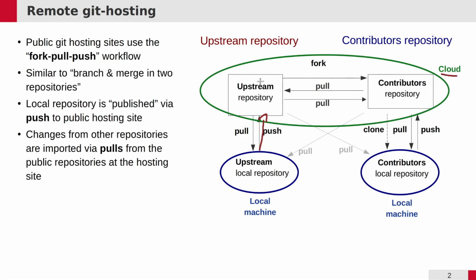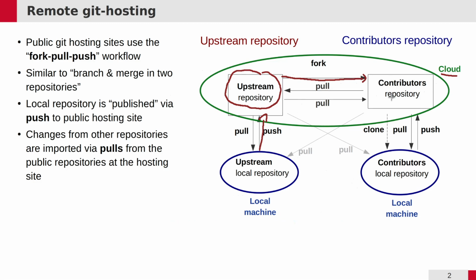Then this upstream repository, the official repository, will be available to everyone, or to those whom we invite on the Git hoster. The contributor would just make a fork on the Git hosting service, so basically making a copy on the same Git hosting service, creating a repository which is still in the cloud.